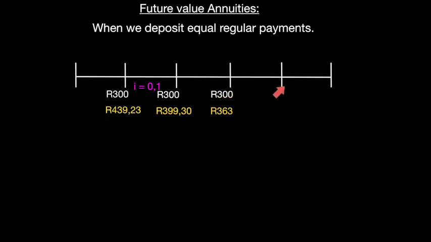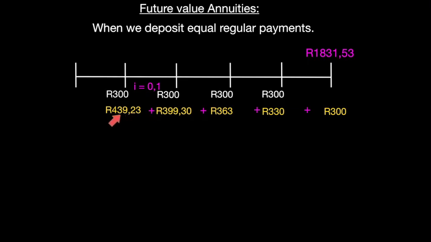Then at the end of the fourth year, we're going to make another 300 Rand deposit. And that 300 will only grow with 1 year. So that will be 300, 1 plus 0.1 to the power of 1. And that gives us 330 Rand. And then we get to the end of the fifth year. That is our final year. We're going to still make a final 300 Rand deposit. And then once we take all these values and we add them together, we get that future value.